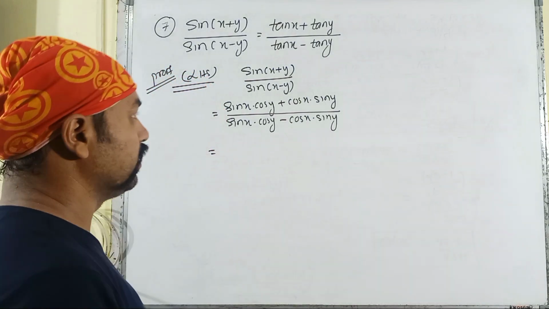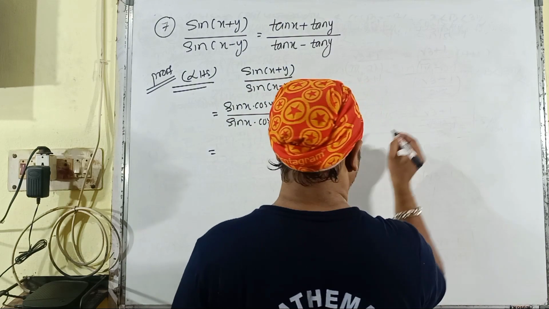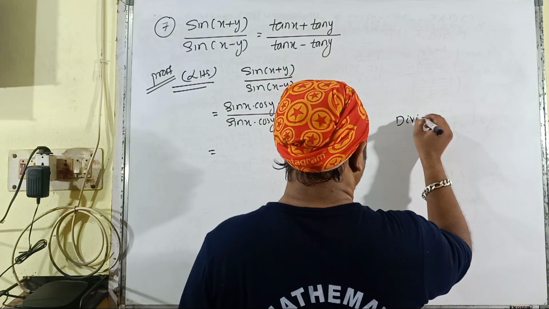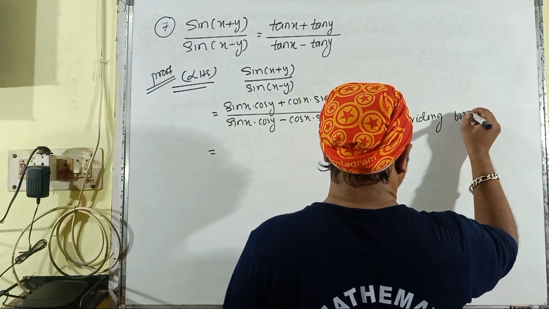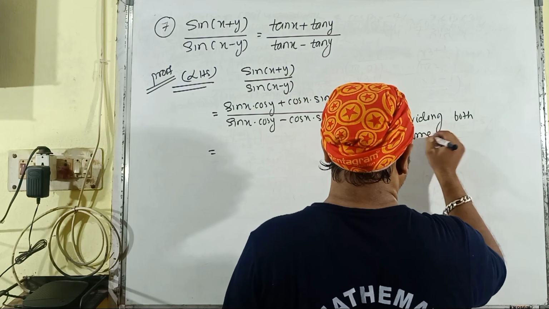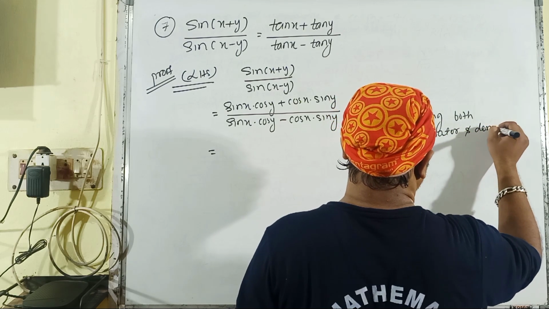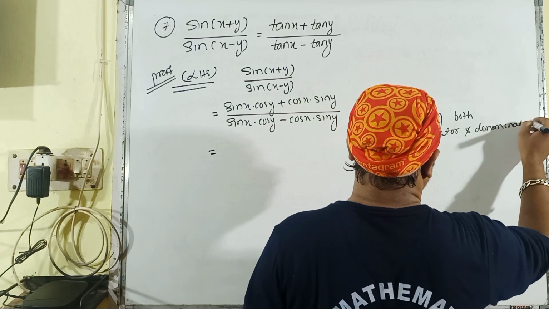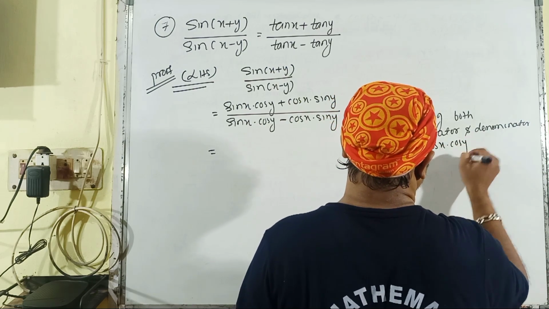Now let us divide both numerator as well as denominator by cos x cos y.